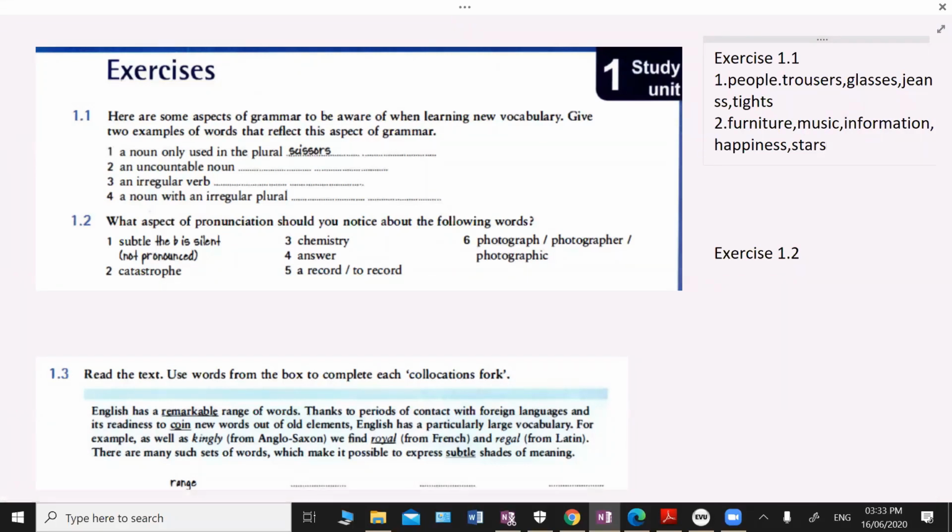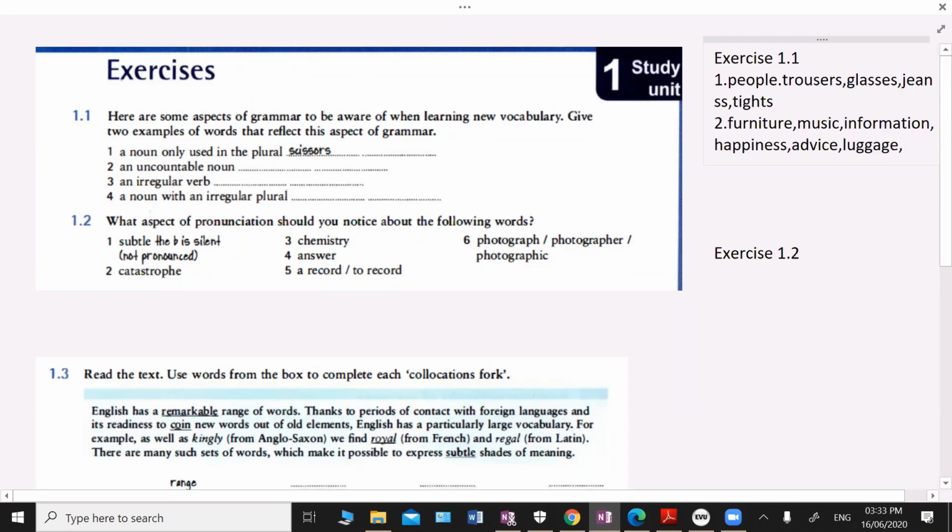But star, we can still say one star, and for plural we can say stars, right? Another example is advice. Advice, okay? And another example is luggage.